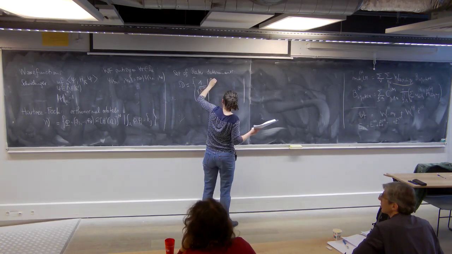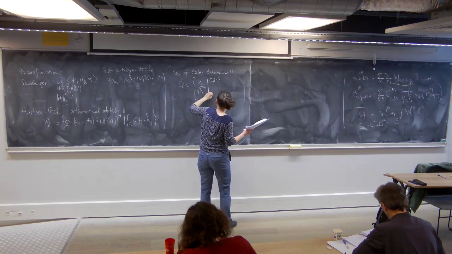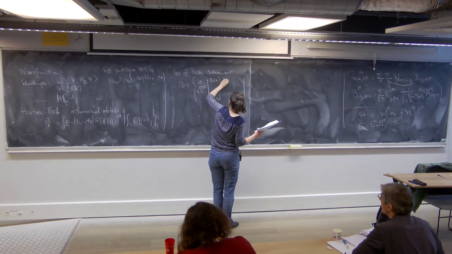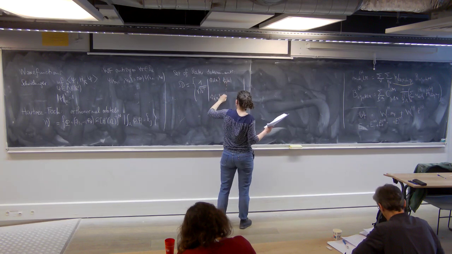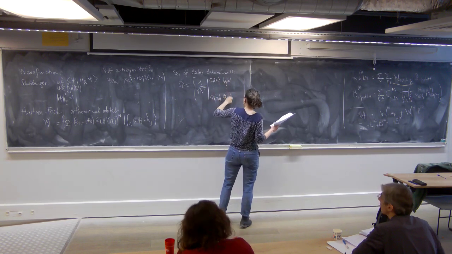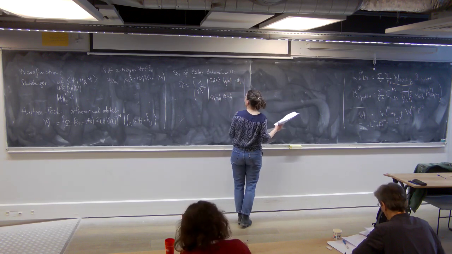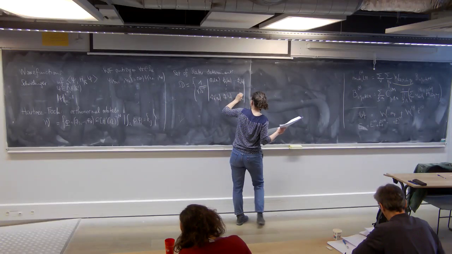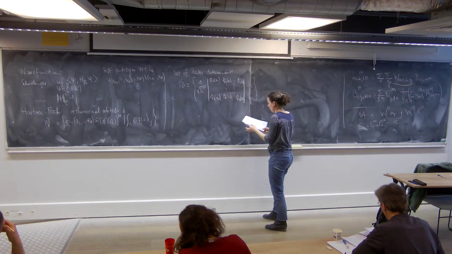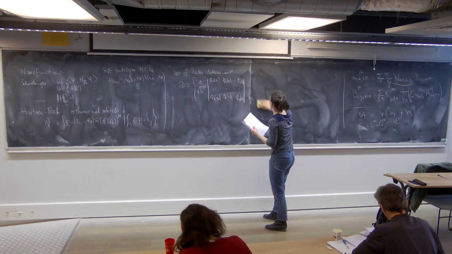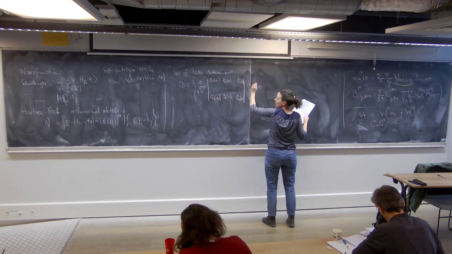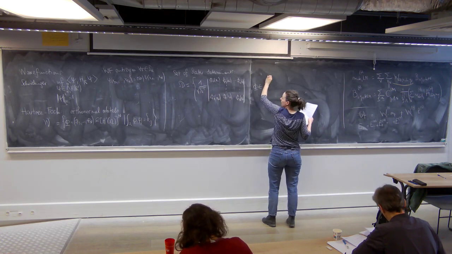And this is the determinant with rows psi1 of x1 to psi1 of xn, psi2 of x1 up to psi2 of xn, and then all the way to psi n of x1 to psi n of xn. The set of Slater determinants is the set of all of these for orbitals that are orthonormal in the set that I just defined.